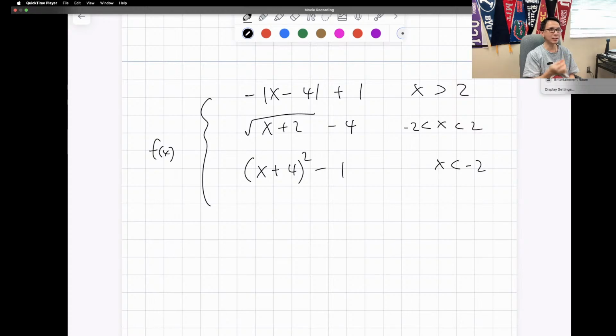Before we dealt with lines, now I give you a different type of graph. Now you can graph this. Instant advantage. Good.